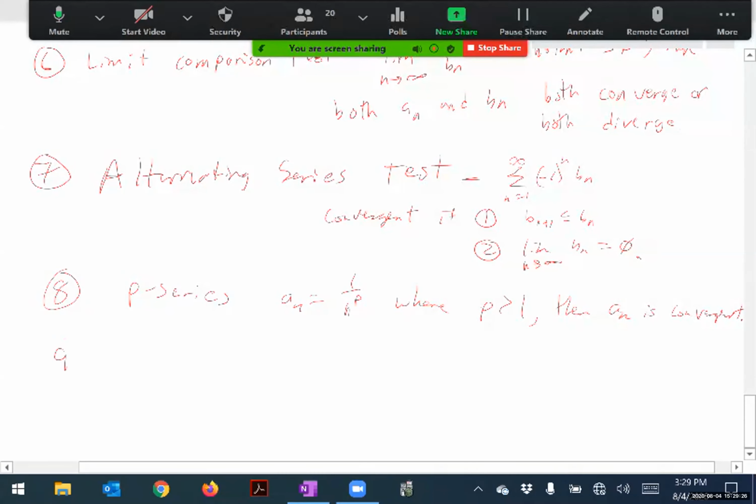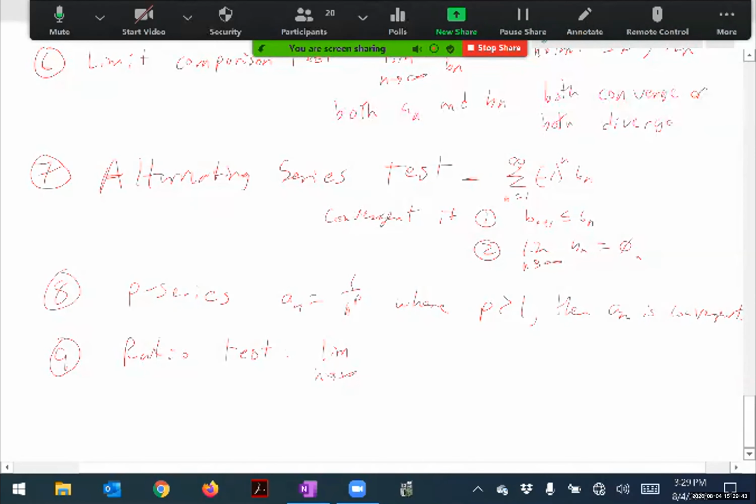Okay, number 9 and number 10. We just learned about this, right? Number 9, ratio test. What did the ratio test say? Well, if we take the limit as n goes to infinity of a sub n plus 1 over a sub n, if that is less than 1, convergent.